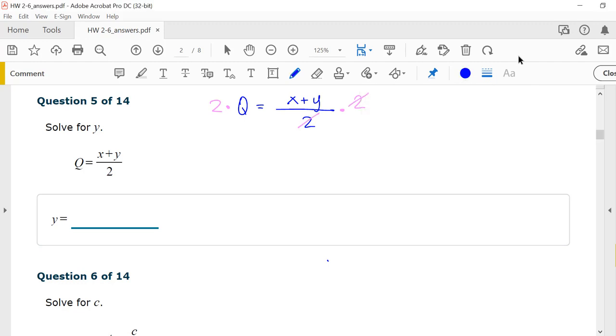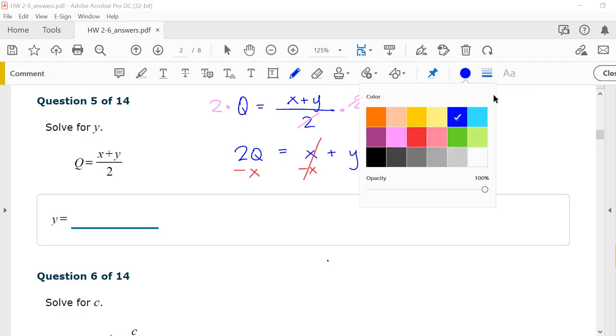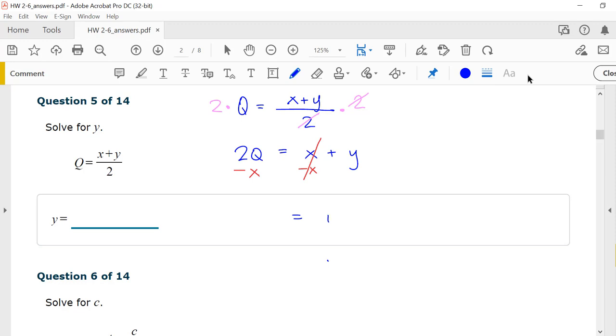So I have 2q is equal to x plus y. To get the y by itself, I want to subtract x from both sides. X minus x is 0. 0 plus y is just y on the right. And on the left, I have 2q minus x.